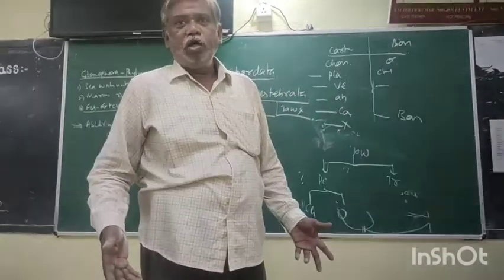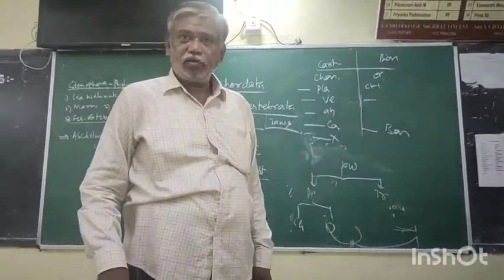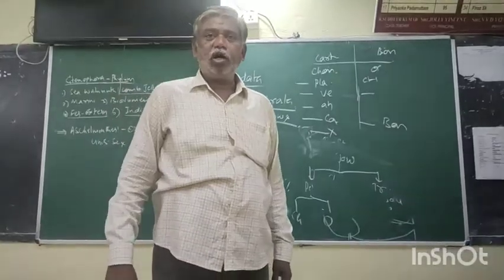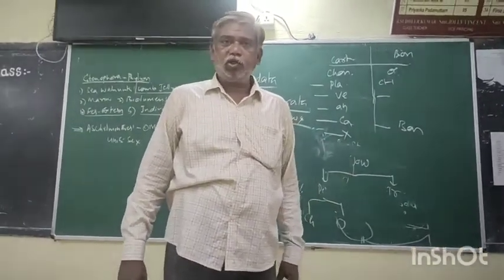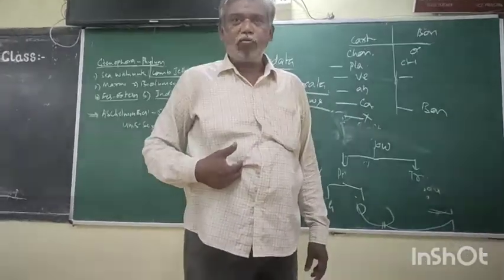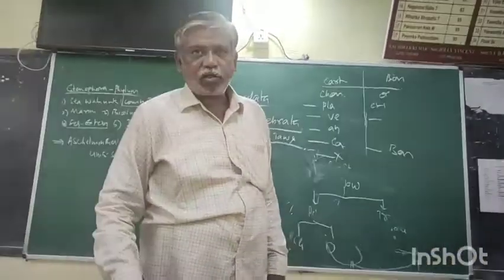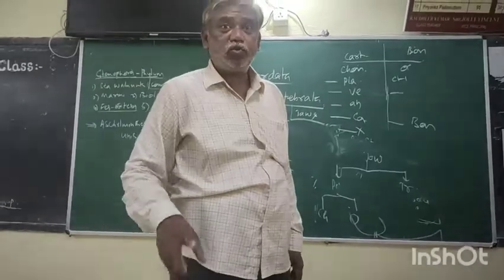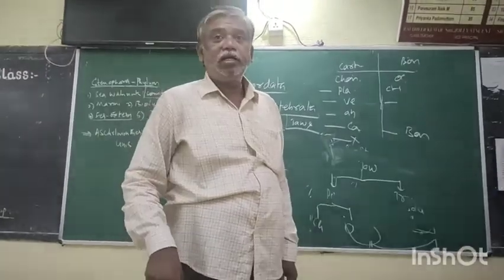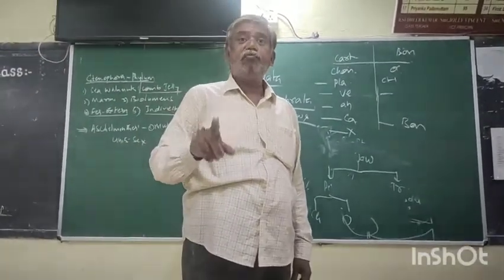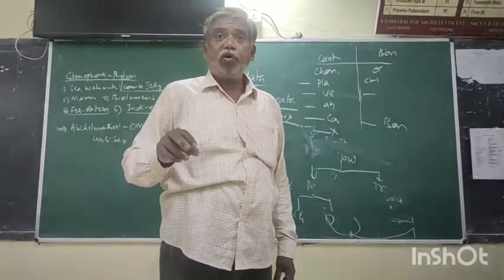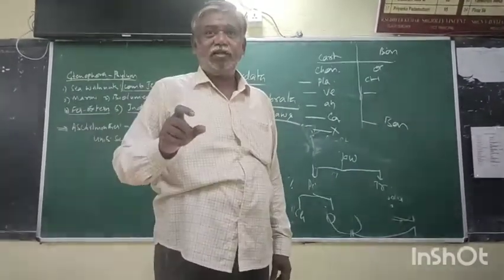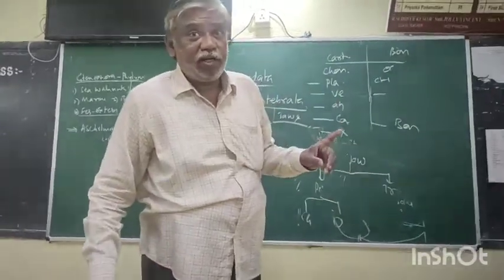Good. Body is covered by hair. Dentition: thecodont, heterodont, diphyodont. Right. Diaphragm. Four-chambered heart. Respiration by lungs with alveoli. Excretion by kidney containing nephron with loop of Henle.